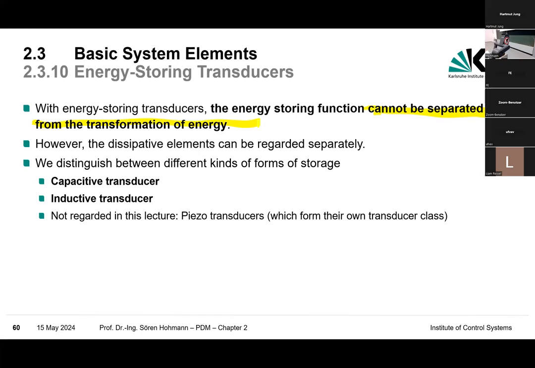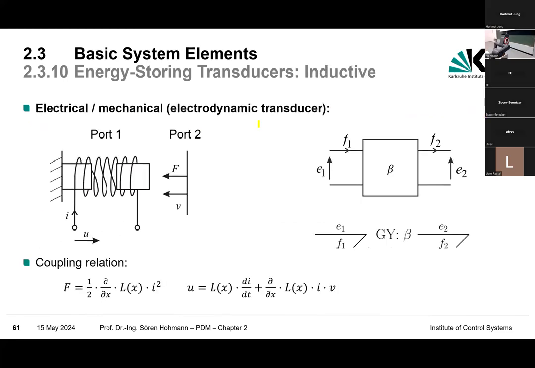The very same applies for the dissipative elements. That's the second message. For energy storage transducers, it's always the case that you can separate the dissipative elements from the transducing principle. That's always the case.